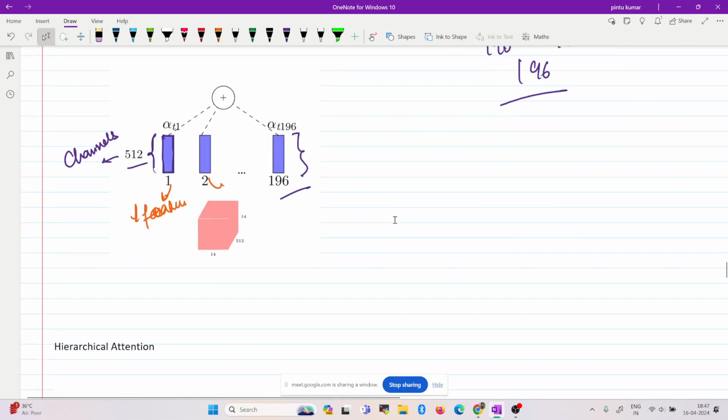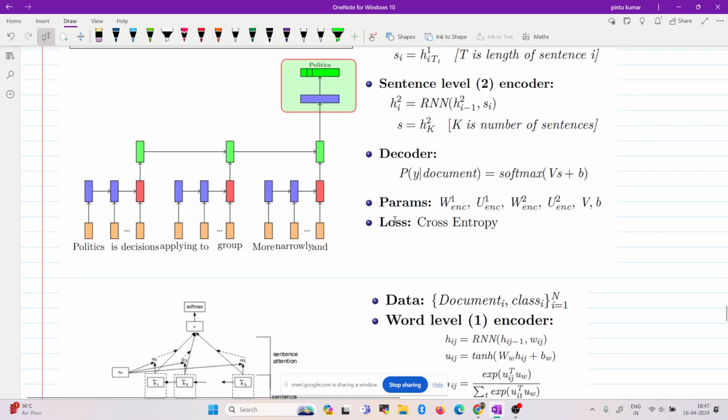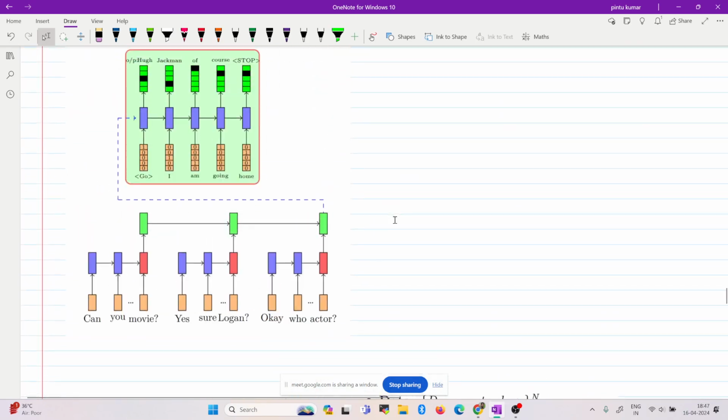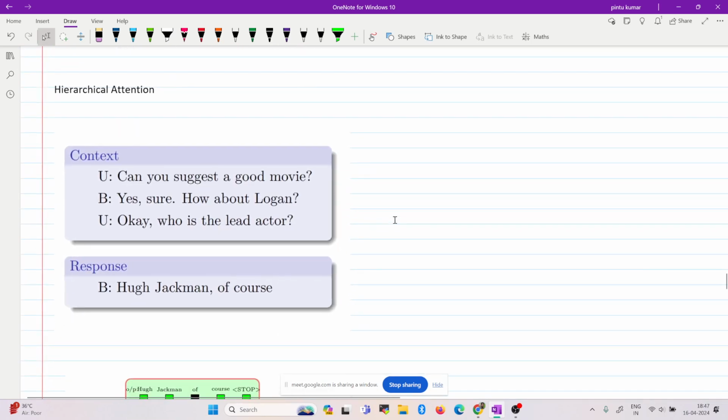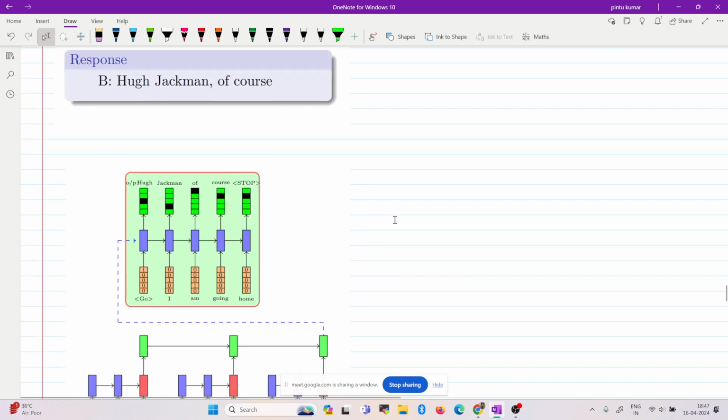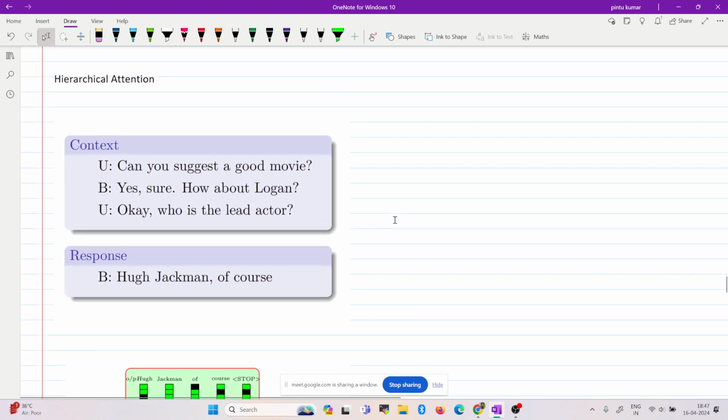Okay, so for today there is this last thing left, then we'll move on to some questions that I have added. Okay, so this is known as hierarchical attention. Okay, so let's motivate this by the same example that was done in the course. Okay, so let's say you are trying to develop a chatbot.